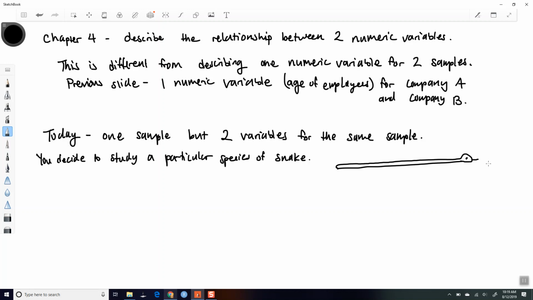So there's a snake. This is the extent of my art abilities. And here's another snake. And we want to know, is there a relationship between the length of a snake and the weight of a snake?